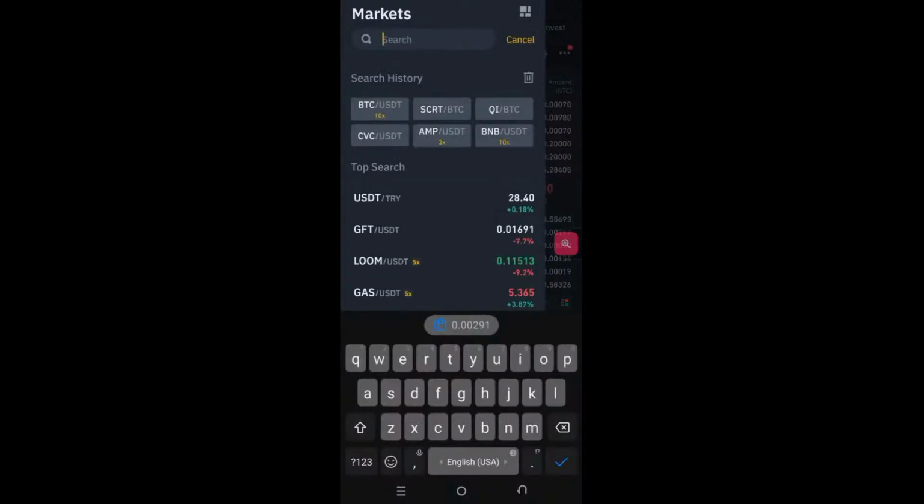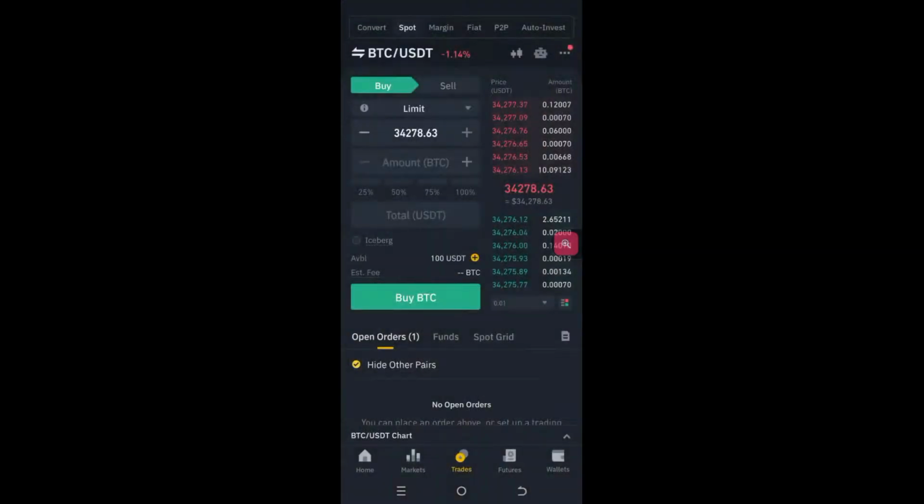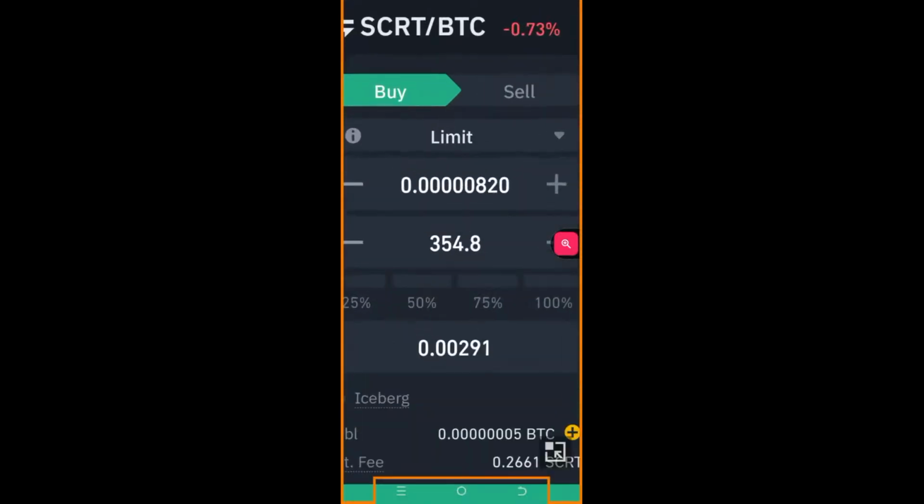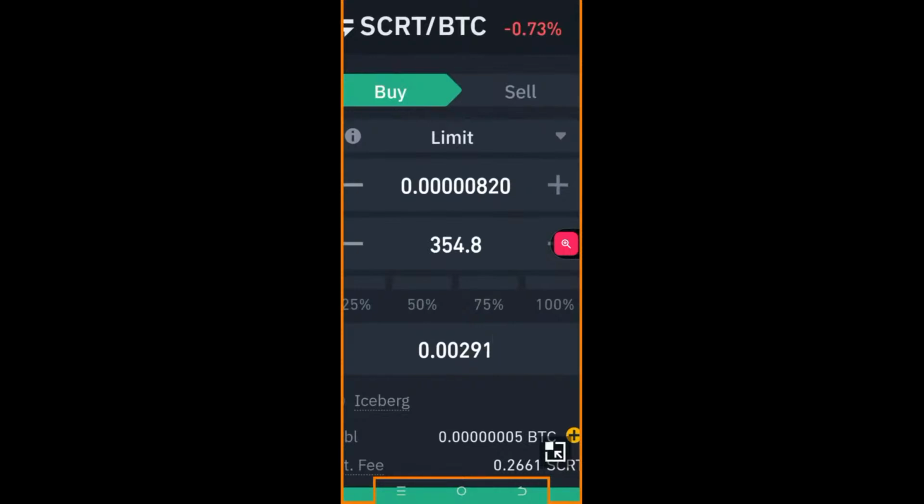Are we going to be able to make profit immediately? Let's check it out. So we're at SCRT, and all we have to do now is buy SCRT with BTC. So all we just have to do now is place the BTC here, as you can see, and then we can pick up 354.8. Remember that, 354.8. So let's copy that.